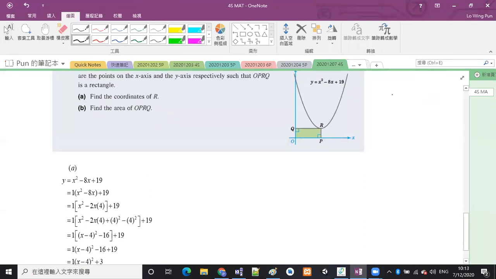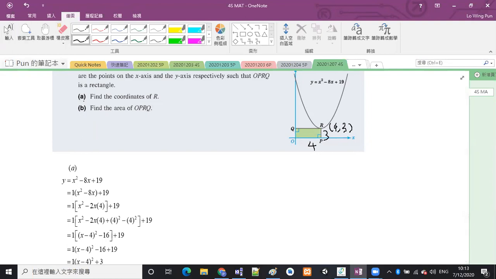So this point is (4, 3), right? It means that the length of OP is equal to 4, and then the height of point R is 3, which means that PR is equal to 3.